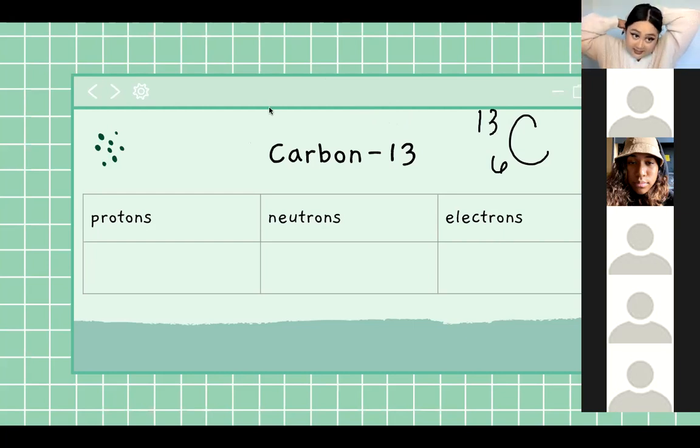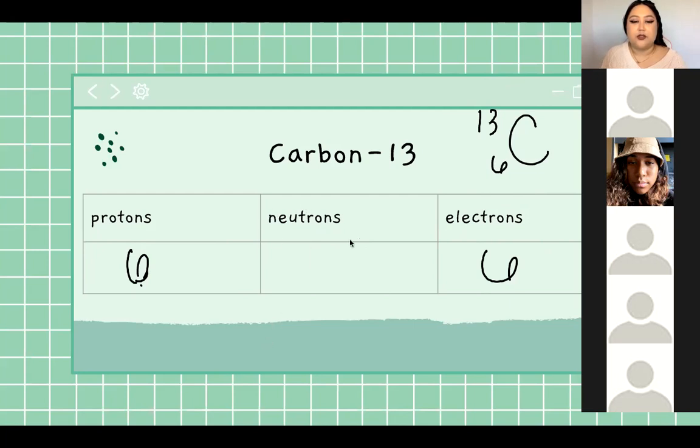Six. It's still carbon, so it still has the same number of protons. How about the number of electrons? Yeah, atomic number, so protons is 6. Electrons are 6 as well, and there's no charge associated with it, so it's neutral.